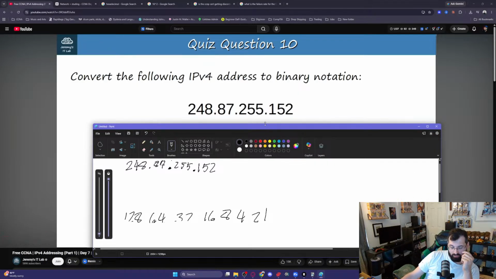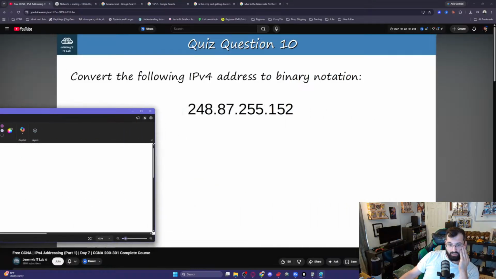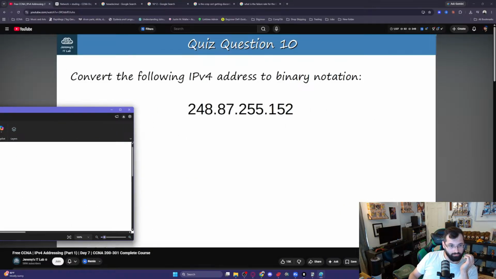We're going to try to do this one since it's the last one. We're going to try to do it with our brains, okay? So 248, we know that the nibble over here is 1 1 1 1. We know that's 240. So it's got to be this one. And because I wrote that too small, we're going to move this over here. 1 1 1 1 1 0 0 0.